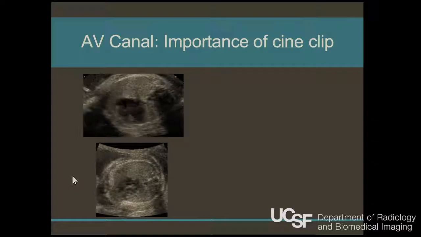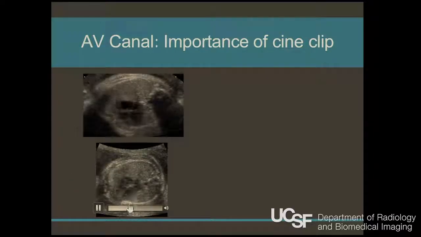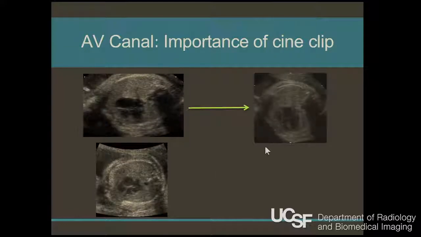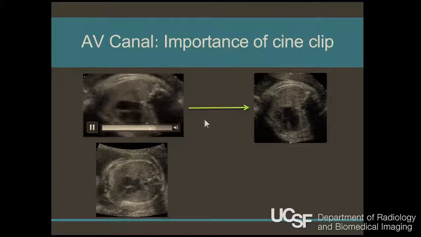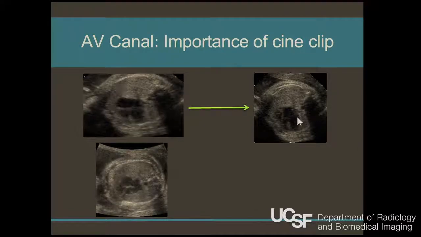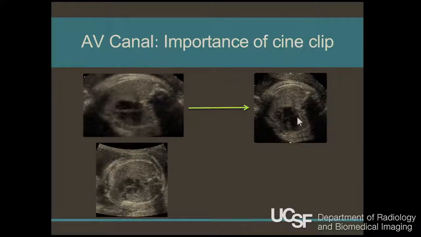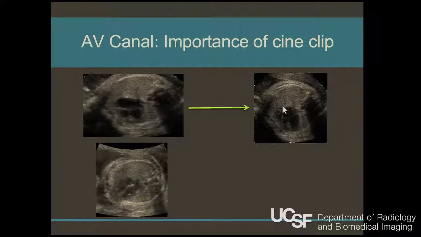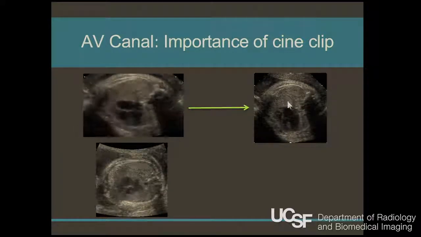The tech also missed it. I'm going to show you on this cine clip of the heart. Remember, an AV canal defect has this giant monoventricle in the middle of the heart. If you freeze your image while the valve is open, there's nothing about this that even looks like a heart.